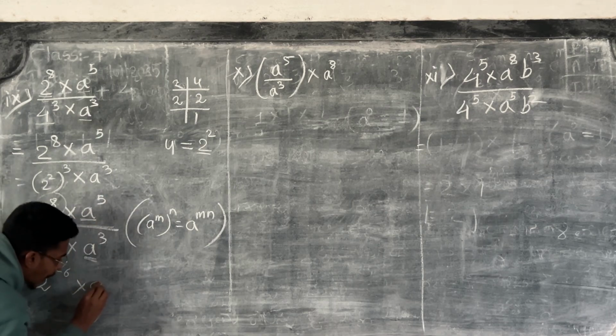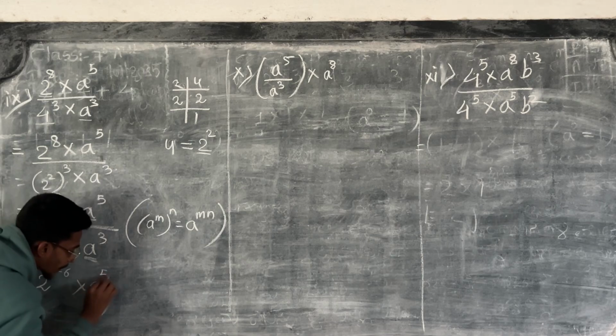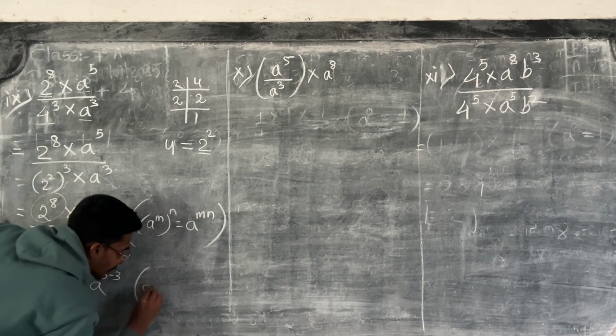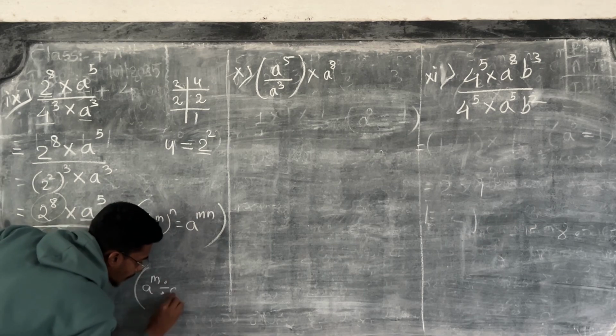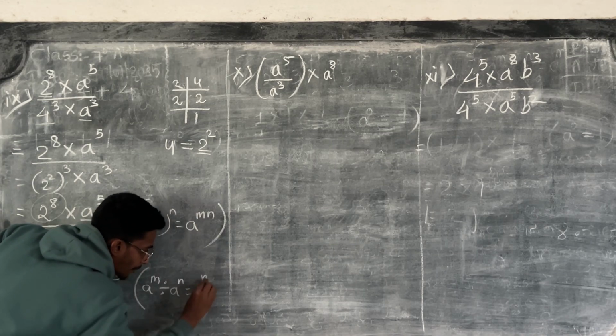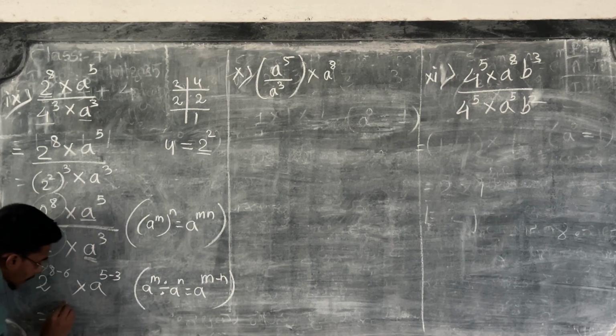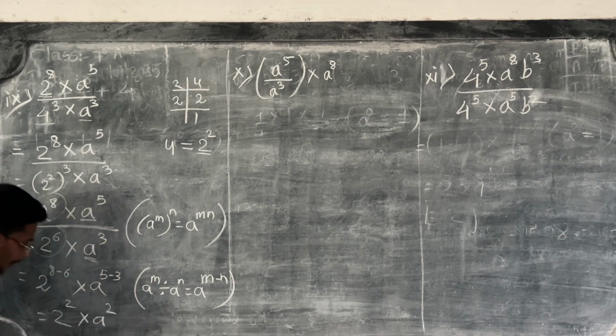So subtract the power here. 5 minus 3. Which identity we apply here? A to the power m divided by a to the power n is equal to a to the power m minus n. So when you subtract 6 from 8, you get 2 to the power 2 into a to the power 2.